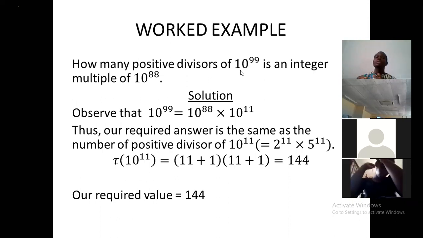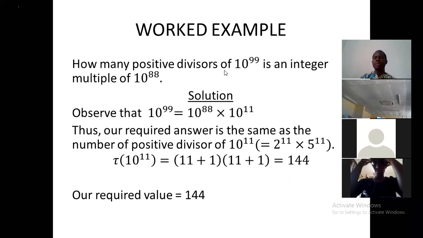Number two, these numbers are greater than 10^88, in fact multiples of 10^88, and at the same time less than 10^99. So when you get all the divisors of 10^11 and multiply each of them by 10^88, the constraint of the question is satisfied.